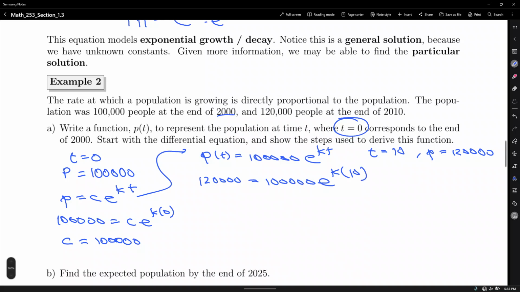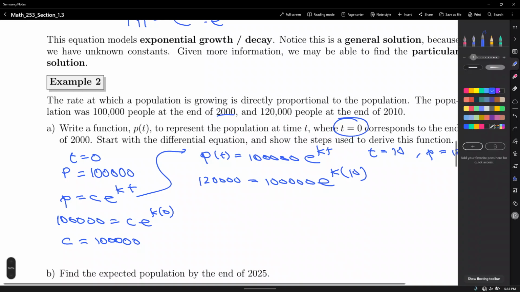Well, let's divide both sides by 100,000. Okay, so cancel. And I'm going to cancel a few zeros here. 12 over 10. I'm just going to keep it 12 over 10. So that is 12 over 10 equals e to the 10k.